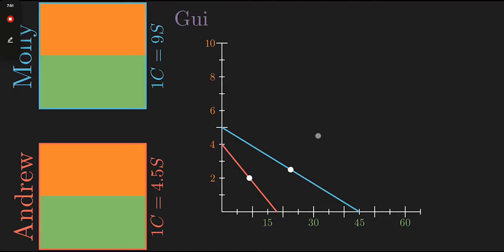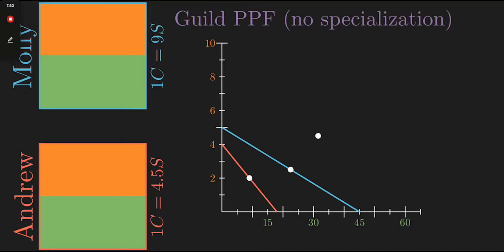All right, then we have this next idea. We're going to use this for a little bit. We're not going to come back to this in later parts, but we're going to use this idea of a guild, where we're merging both farms together, and we're saying they're both going to pick the same ratios.